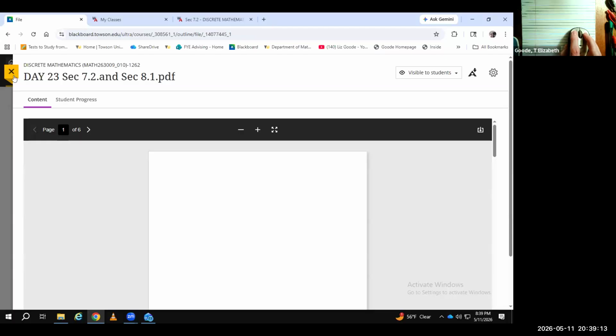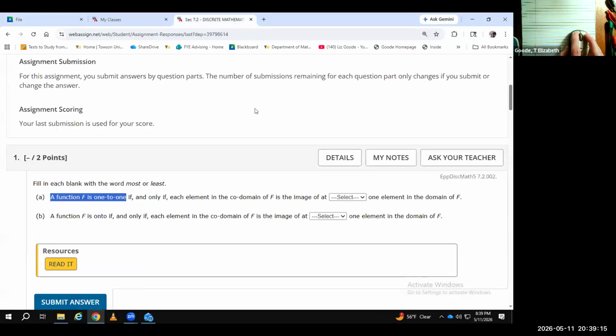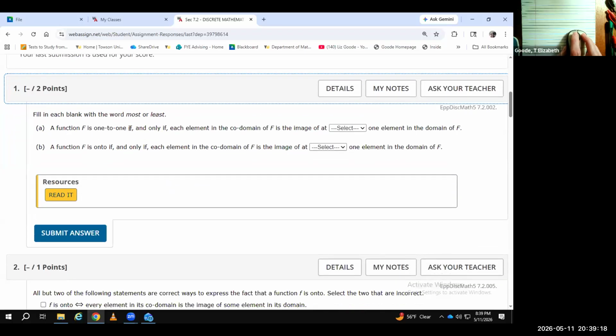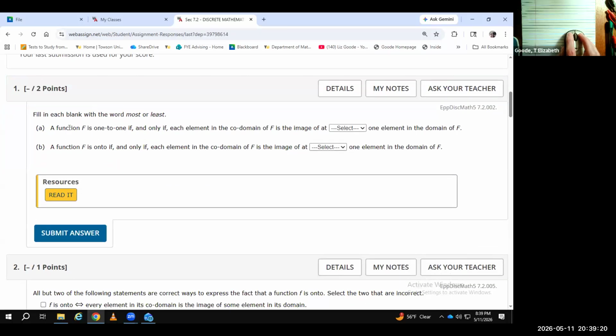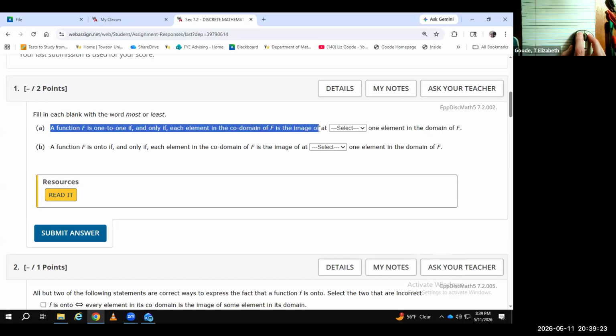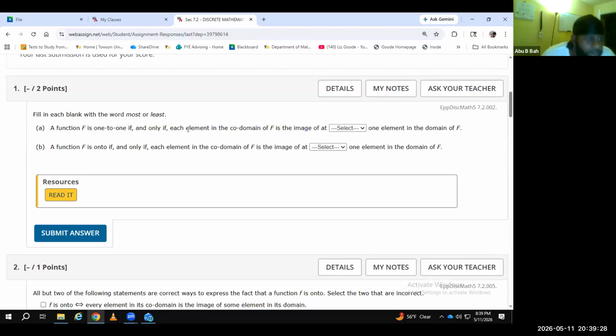So now if we go back to this problem, it says a function is one-to-one.